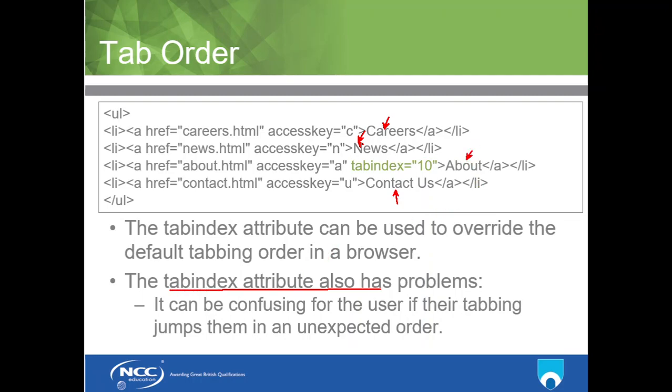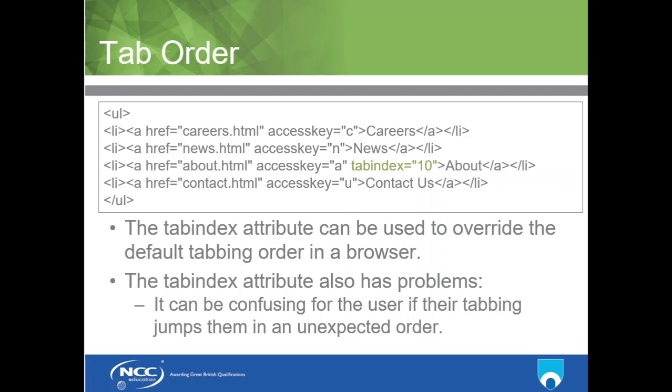So the tabindex attribute also has problems because it can be confusing for the user if their tabbing jumps them in an unexpected order. But there might be cases where you need to use the tabindex. One of them, by the way, is in forms.